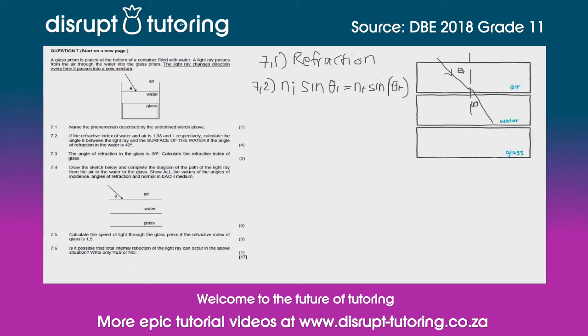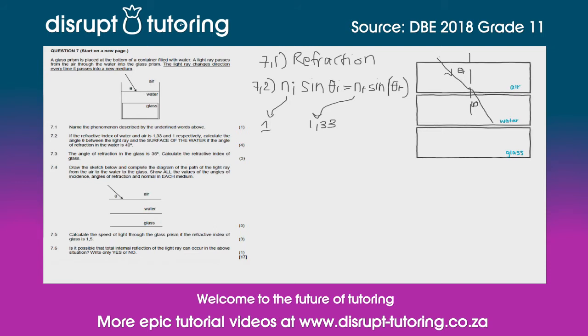Cool. So we know that the incident ray, which is coming from air, the refractive index of it is just 1, and we know that the refractive index of the refracted part, which is water, is 1.33, and that's given. Cool.